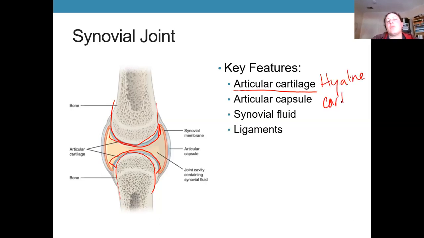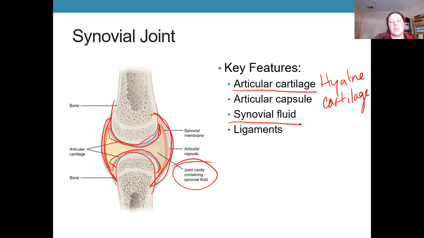It's actually one of the most abundant locations of hyaline cartilage is across the joints. There's an articular capsule of connective tissue surrounding the joint. There's a space or cavity inside filled with fluid, which we call synovial fluid.